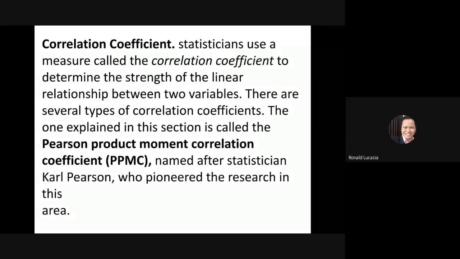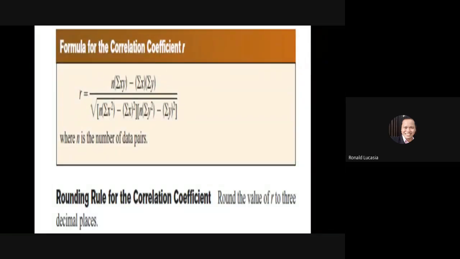So we have here the formula for the correlation coefficient for the Pearson R. We have the small letter r, and n is the number of data pairs, or the sample size.